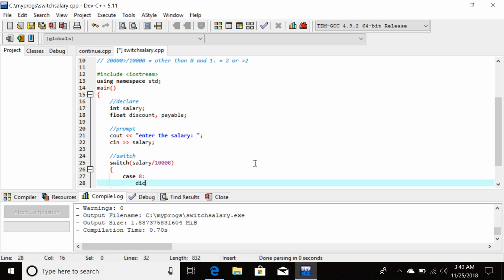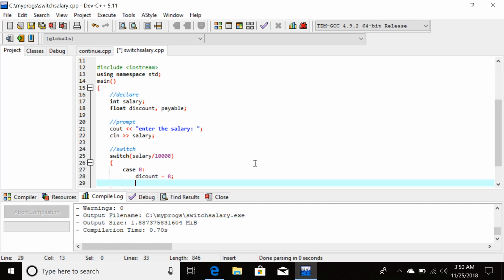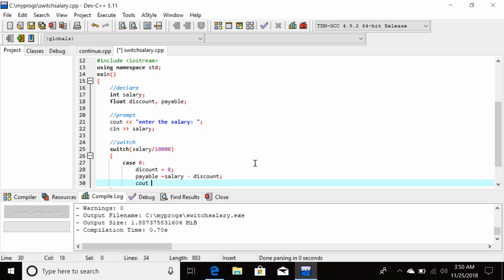If the value is 0, then discount is 0, and payable is equal to salary minus discount, and output payable because it is a value.